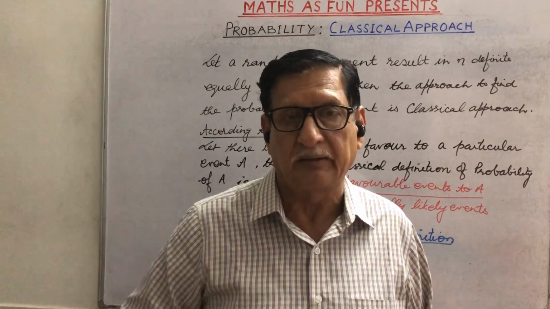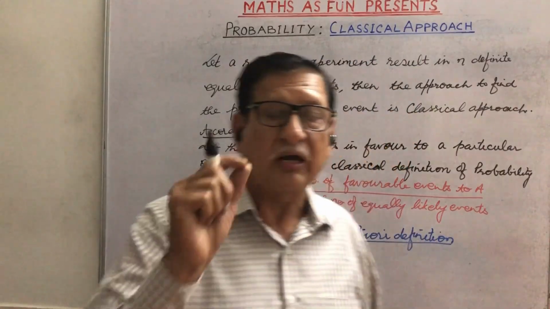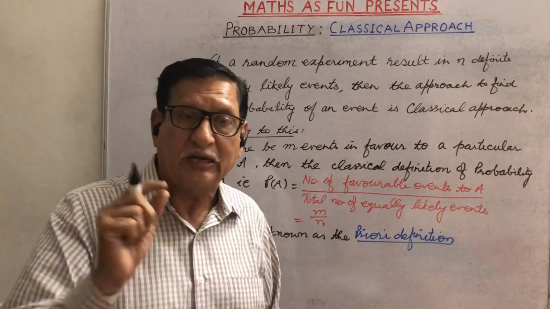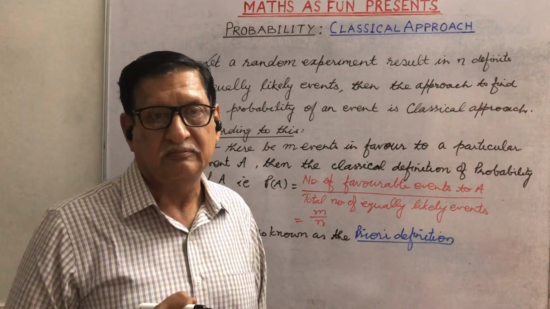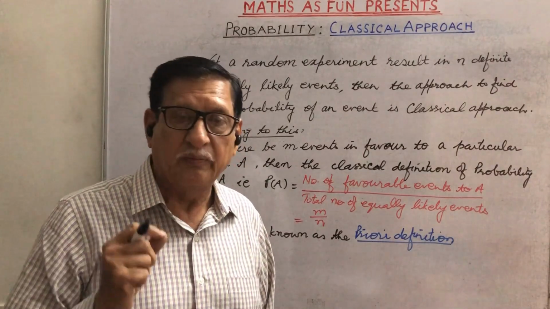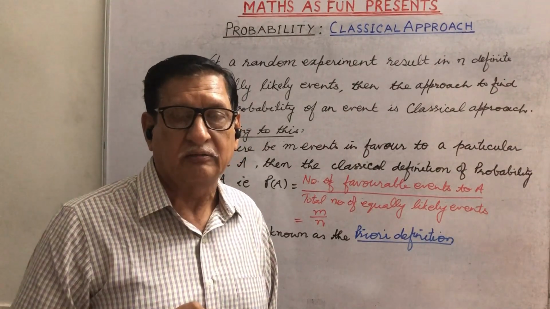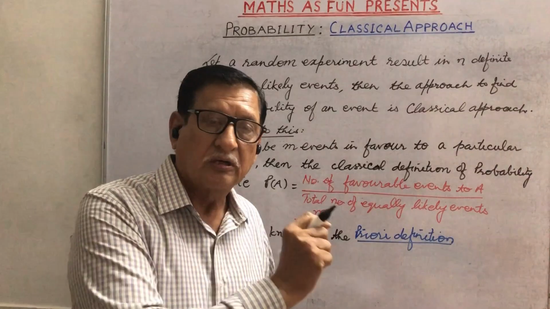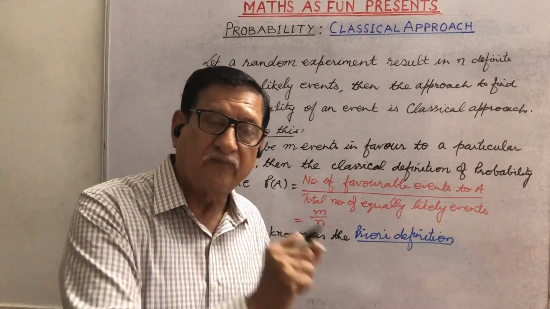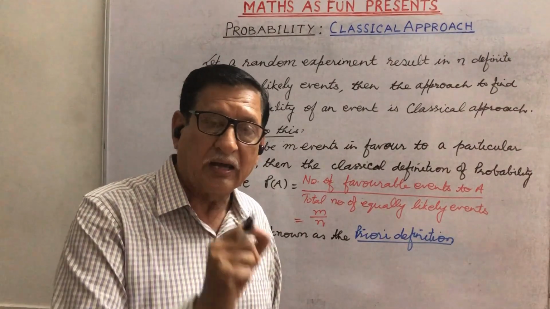What is the classical approach? If we have an experiment in which there are n equally likely events, then finding the probability of any event is known as the classical approach. And the classical formula is given as follows.